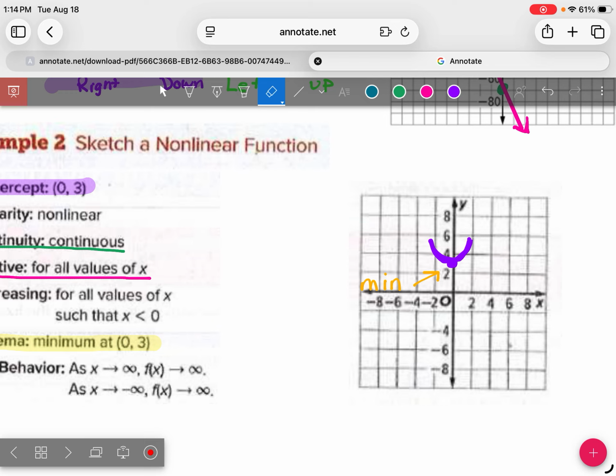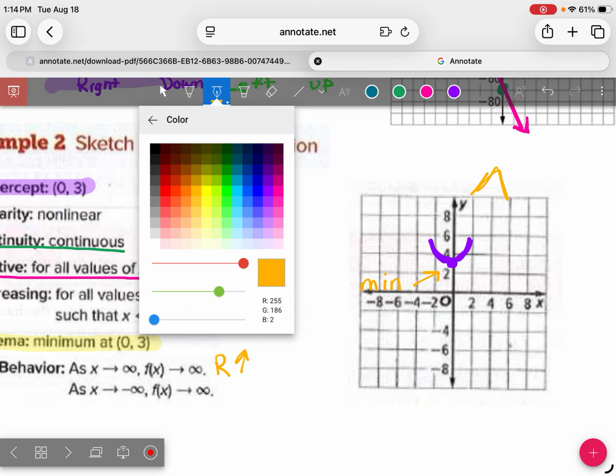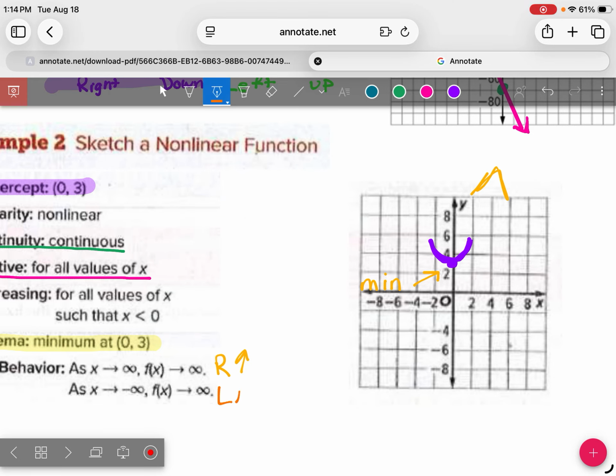As we look at the left arrow, where's our arrow pointing? Up. Both arrows are going to point up. So this one says right arrow up, so we're going to have an up arrow over here. And this one says our left arrow is going to go up, so we're going to have an up arrow over here.